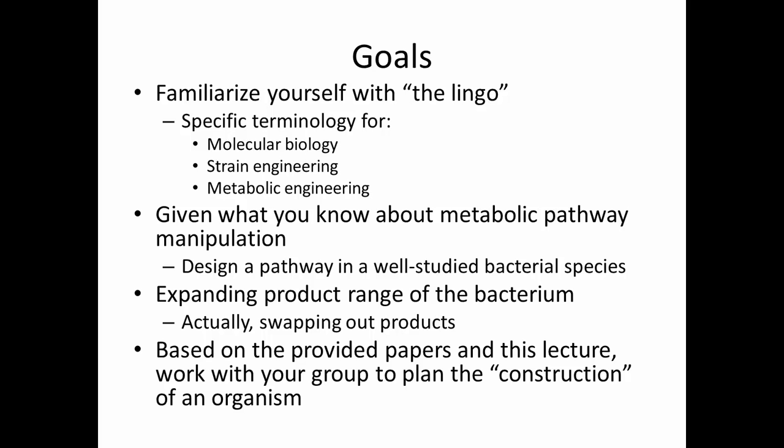And this time we're playing at the rear end, or the outputs, where we're looking at different products. It's making one product, let's get the strain to make another product. Actually, what we're doing is swapping out products, so not necessarily expanding the range, but changing the product range.